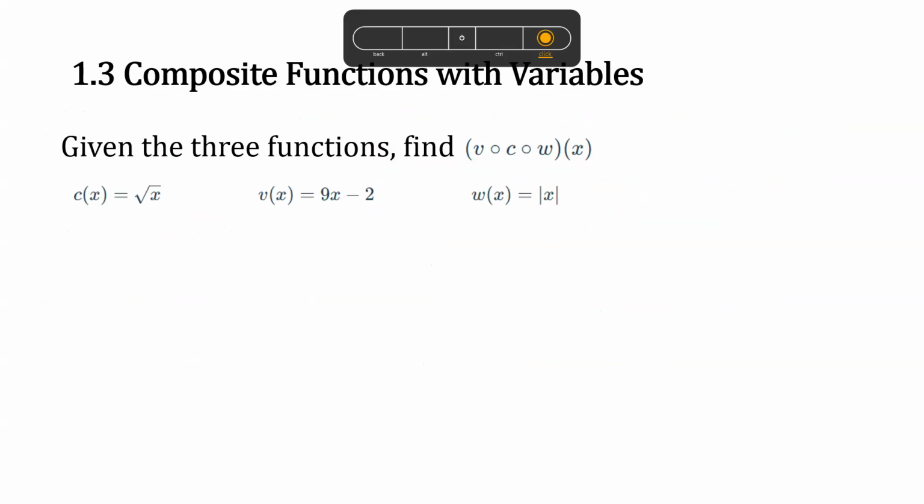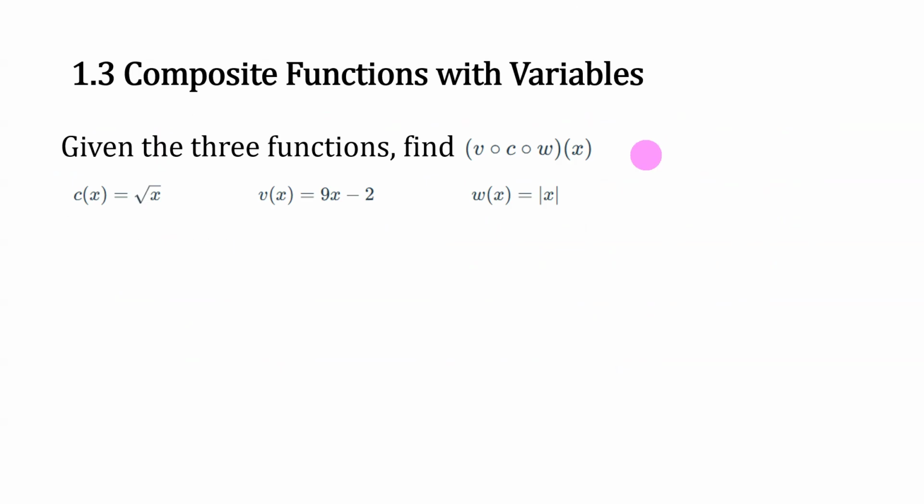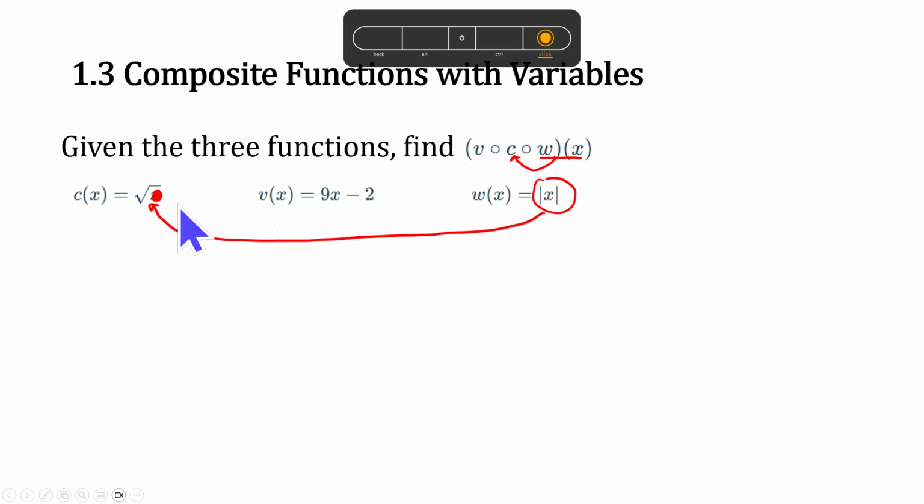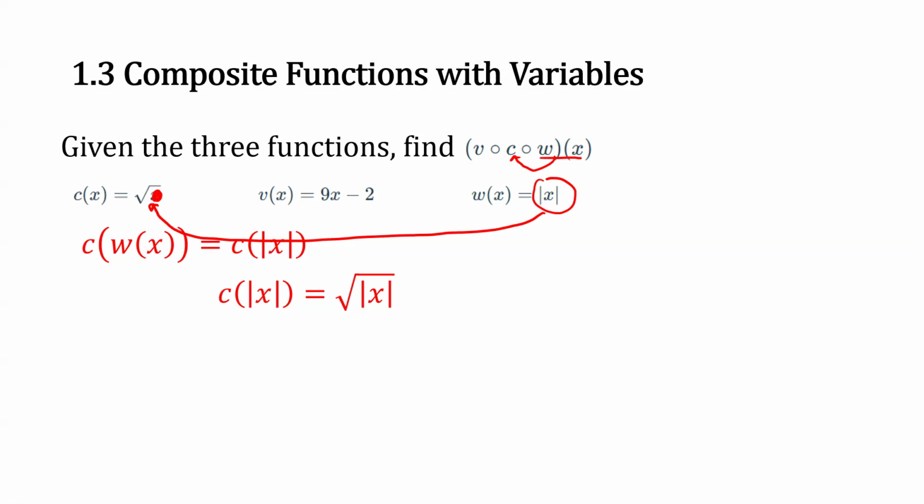Okay, this looks worse, right? But it's really not. This is telling me to take w and plug it into c. So I'm getting rid of this, and I'm just putting that in its place. So it's just the square root of the absolute value of x.